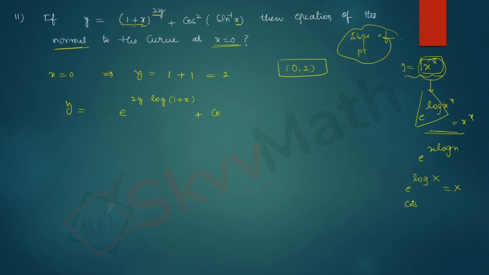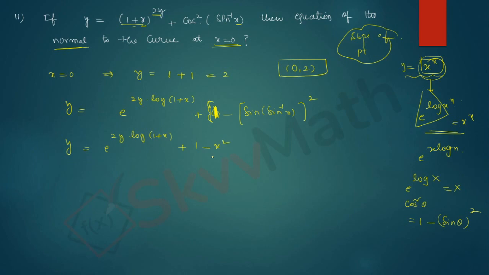Now what we do here, cos square theta is 1 minus sine square theta, where theta here is sine inverse x, whole square. So y is equals to e to the power of 2y log of 1 plus x plus 1 minus sine of sine inverse x, which is x, so x square.